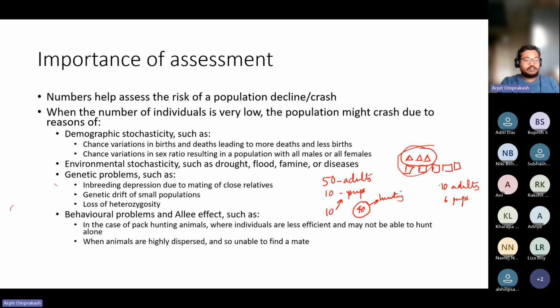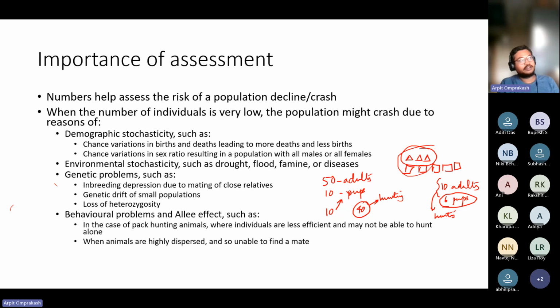In this case, however, since there are only 10 adults, all of them need to go for hunting. Otherwise, the amount of food that they might gather might not be enough for all 16 individuals of the population, right? So all of them go for hunting, and the six pups are left alone at the home or at the cave, where they have to fend for themselves.